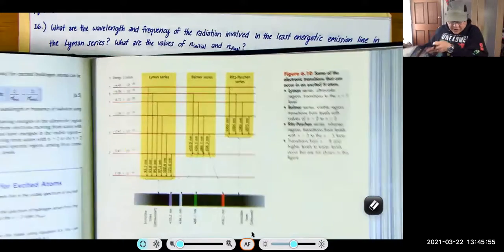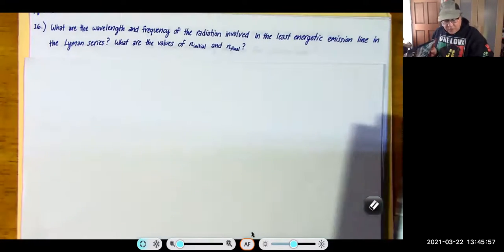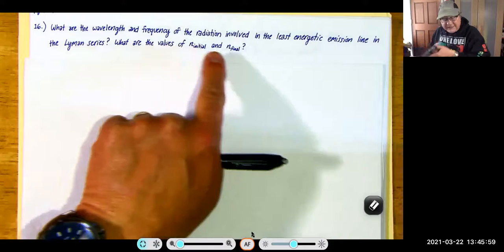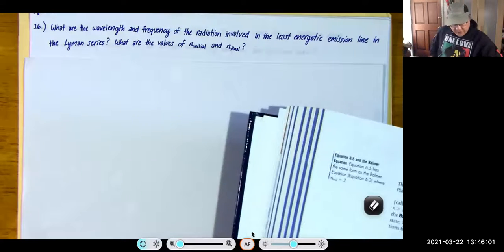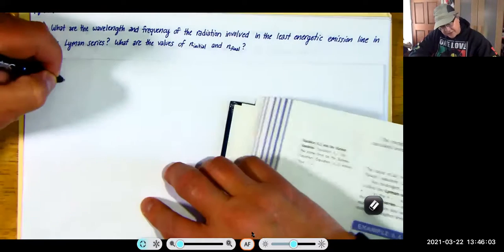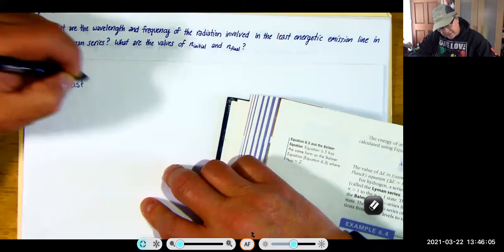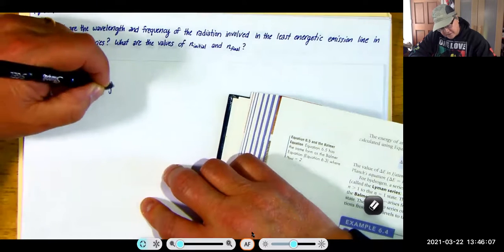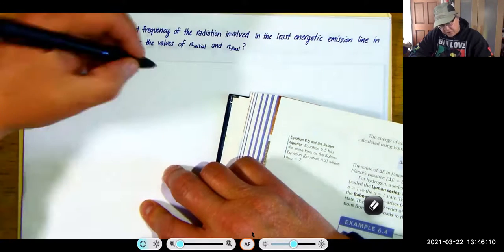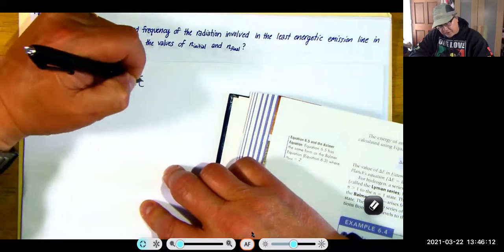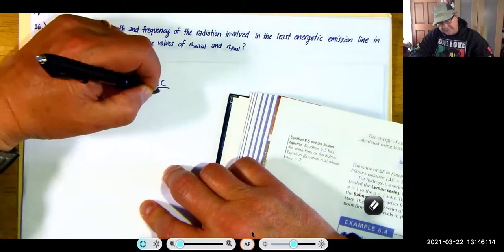Now, they're asking us for the wavelength and frequency of the least energetic line. So for the least energy, we're going to use the following. Energy is equal to hc over lambda.